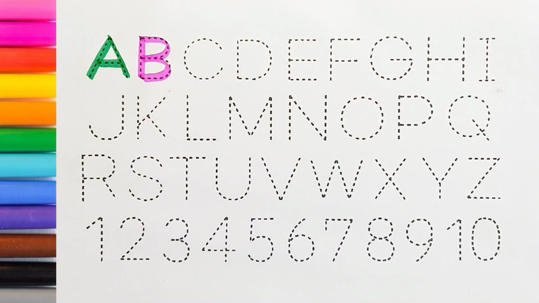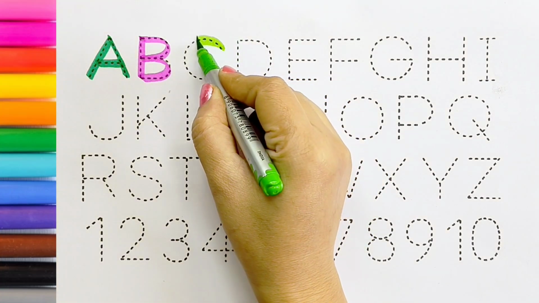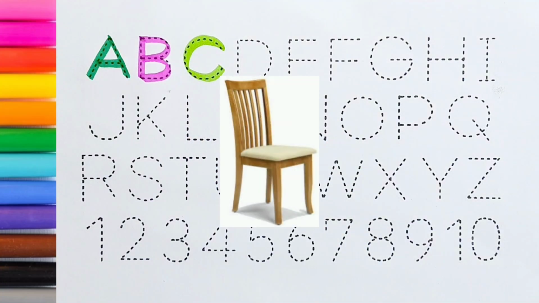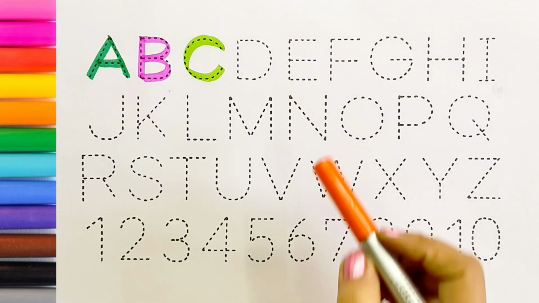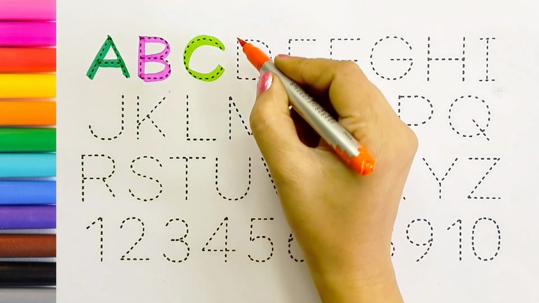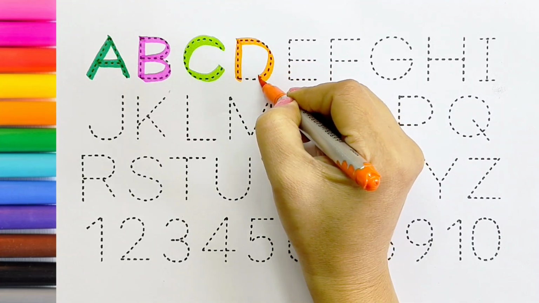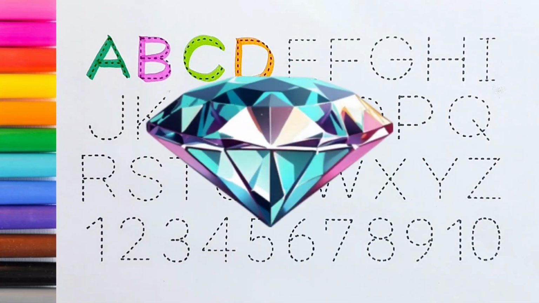Light green color C. C for chair. Orange color D. D for diamond.